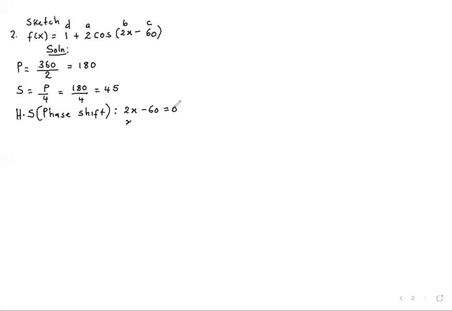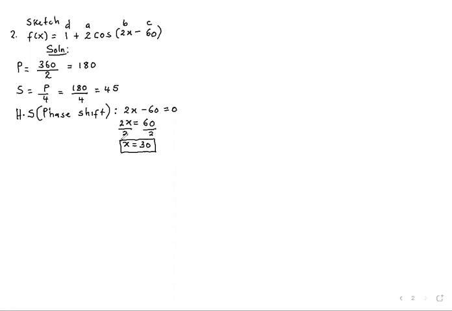Then you solve for x. So 2x is equal to positive 60. Divide by 2, and we get x is equal to 30. This is the phase shift. So if I'm not given the scale, I'll sketch starting from the phase shift all the way up to a complete oscillation.